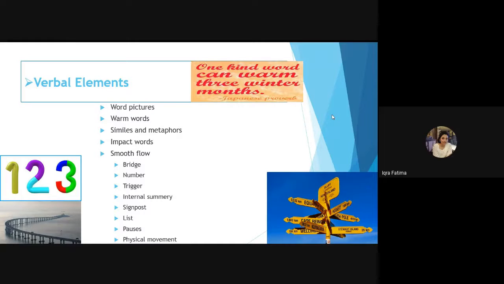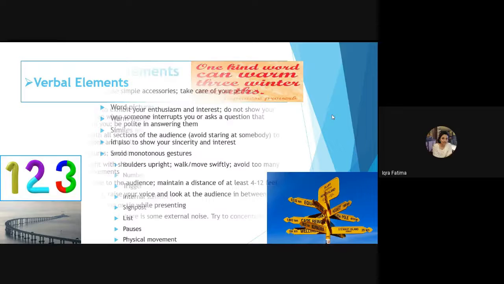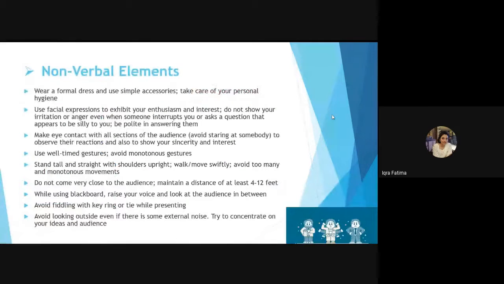It also shows that you are moving to another point. When you look at the slide, that also gives the idea that you are moving to another point. So these are related to the verbal element, how you can add different techniques, transitional words, and verbal techniques to make your delivery more effective.